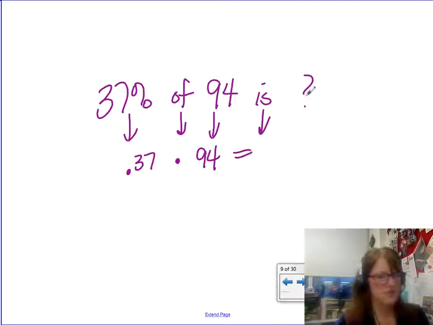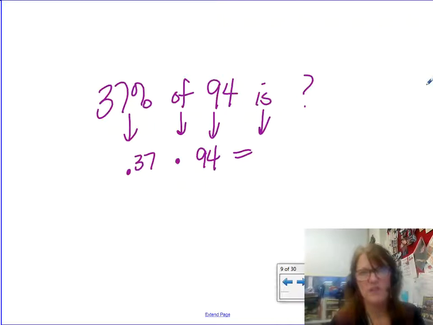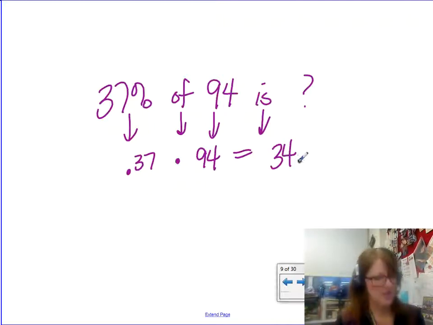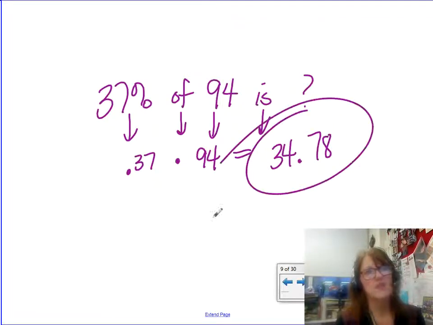Is means equals. Holy Toledo. Are you telling me all I got to do is type in 0.37 times 94? Yeah, that's what I'm saying. 34 and 78/100. Done. Easy. And I think this way is far more efficient at times than the proportion. Okay? Is and of, those are the magic words today.